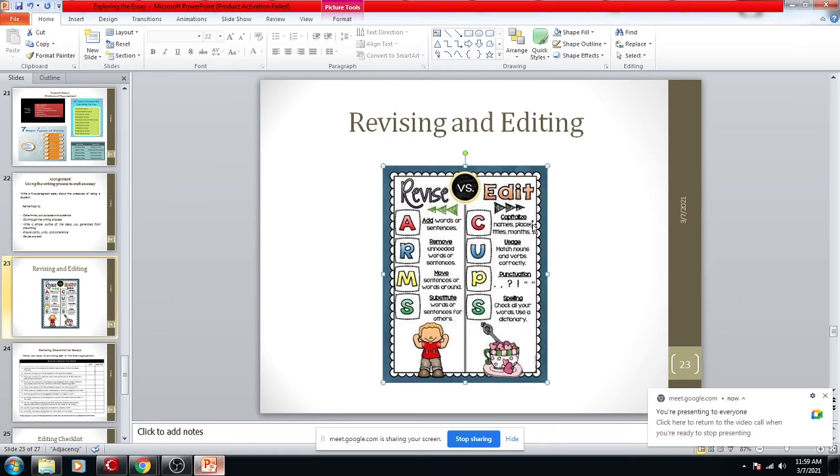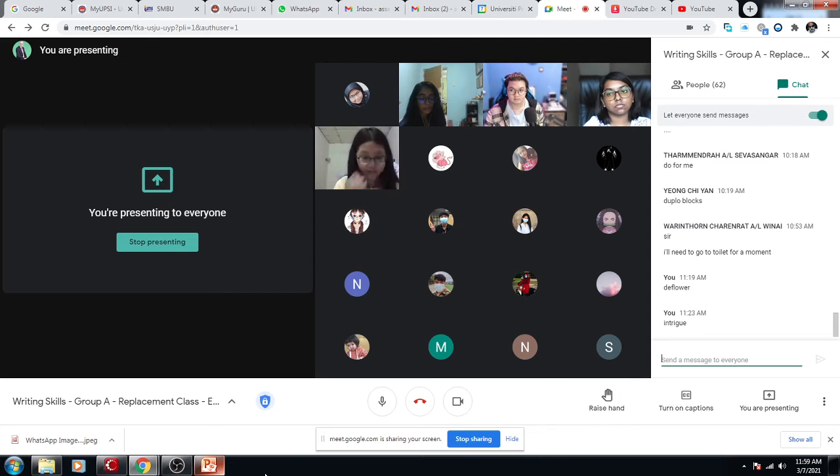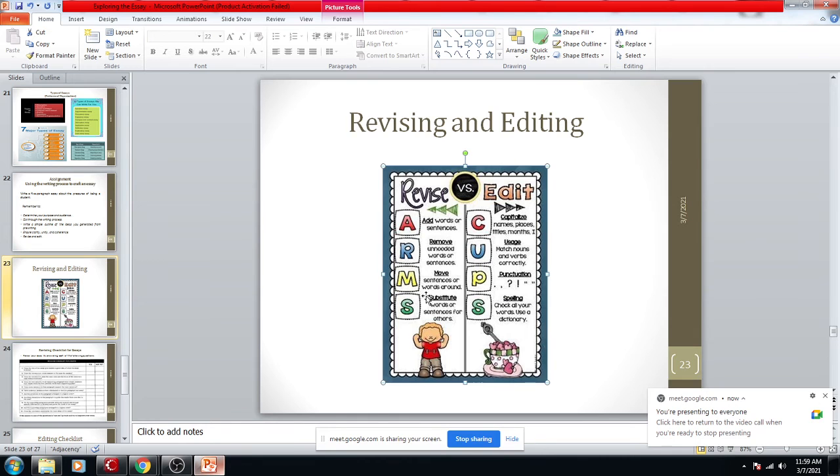CUPS: you look at the capitalization, make sure that each sentence begins with a capital letter. Proper nouns, names, cities, New York, Malaysia. So the things that need to be capitalized, check capitalization. And then usage, make sure that you match your nouns and verbs correctly.